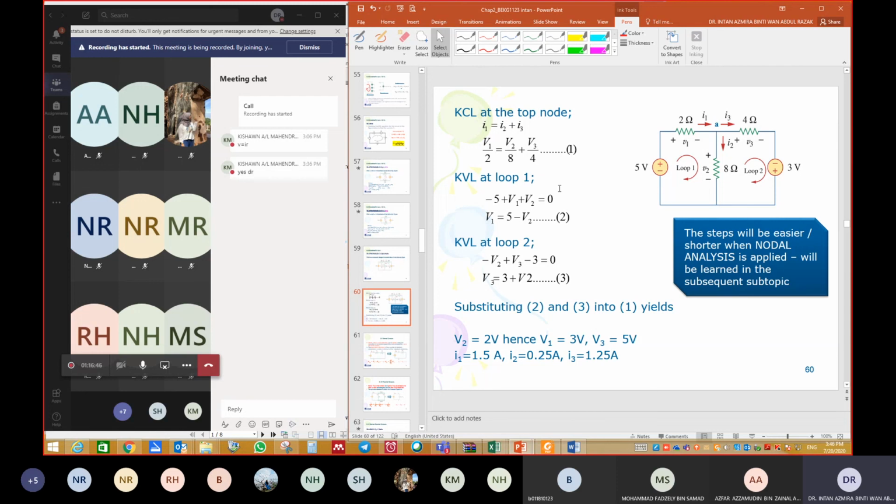Or you can just use your calculator to rearrange all the equations to get V1, V2, and V3. The steps will be easier when nodal analysis is applied because we will only have one equation. I think we stop here.